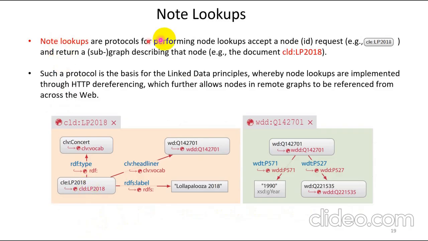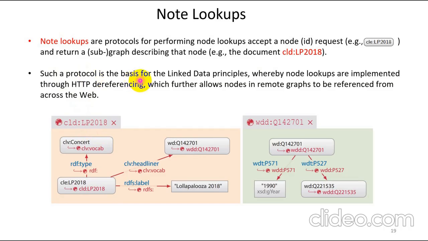Next, we consider the second protocol, node lookups. Protocols for performing node lookups accept a node ID request, for example, CLA LP 2018 in Figure 9.1, and return a description of the node, for example the document CLA LP 2018.